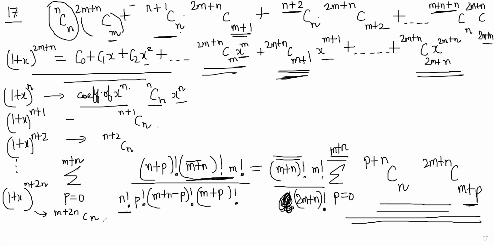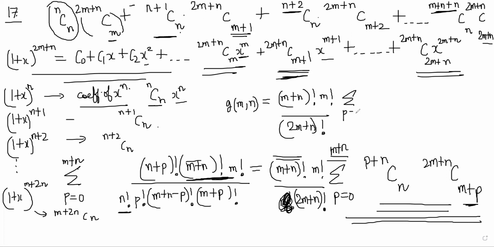So we will write here g of mn had come out to be m plus n factorial m factorial by 2m plus n factorial, summation p goes from 0 to m plus n, p plus n c n and 2m plus n c m plus p, right? This was our expression.